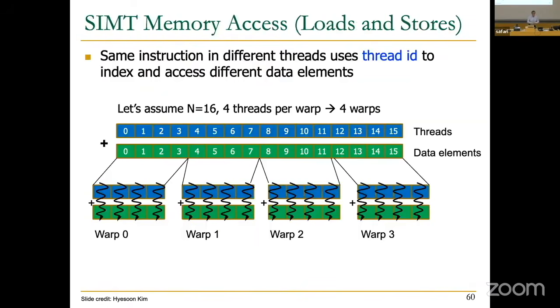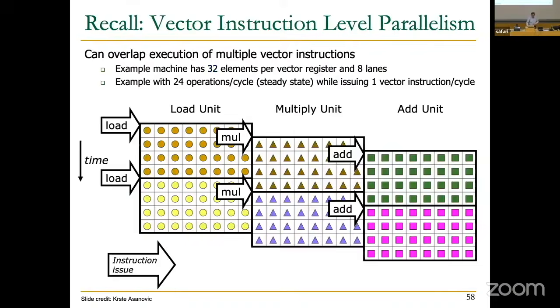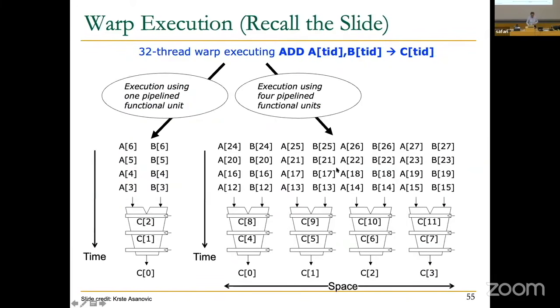Okay, let's talk about memory access very quickly, even though we kind of talked about it over here. This code over here, if you're doing add like this, you need to load the data first to registers. So this is an abstract way of looking at the addition, but you first need to do a load. And whenever you do a load, each thread loads particular elements to particular locations in the register file.